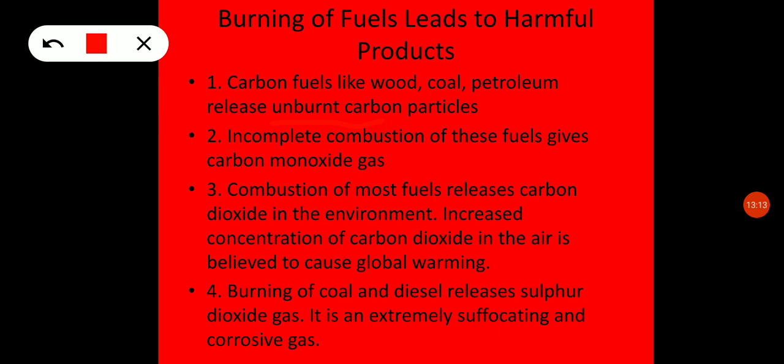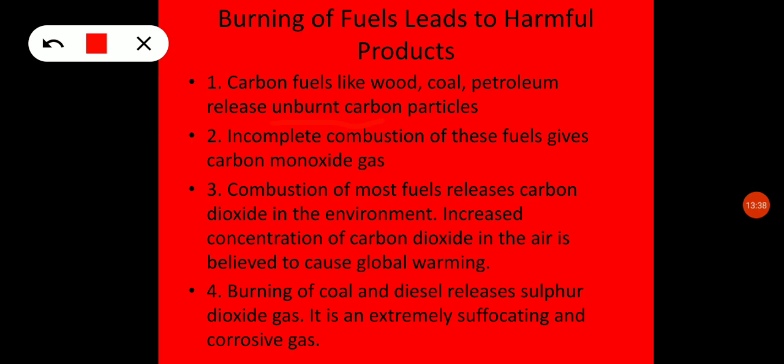So the carbon monoxide can kill the person sleeping in that room. Suppose in a closed room, if you burn a fuel and carbon monoxide gas is produced, and a person is sleeping in that room, that person will be killed. It is very dangerous.